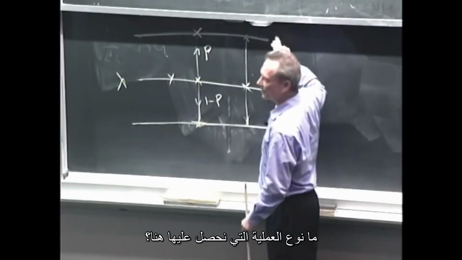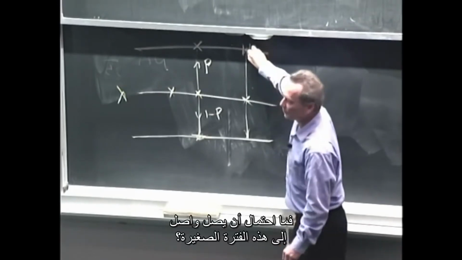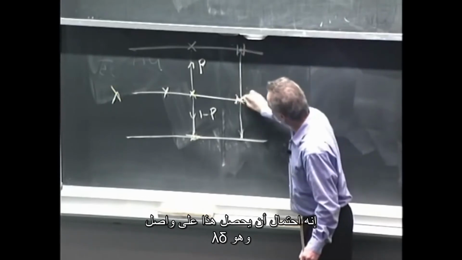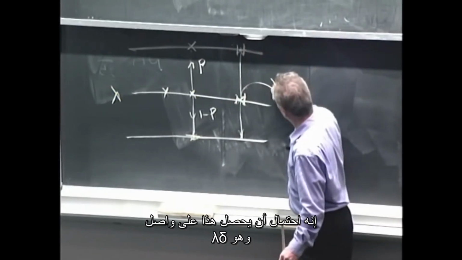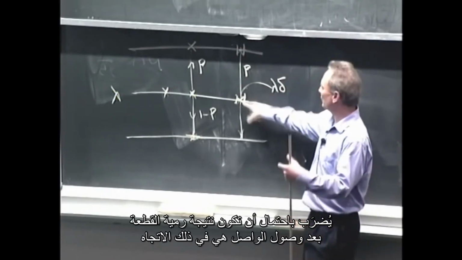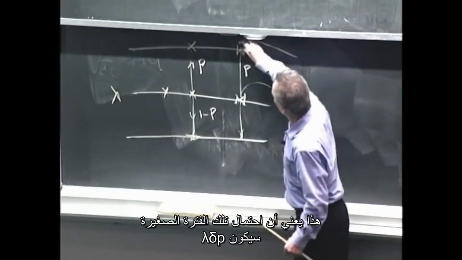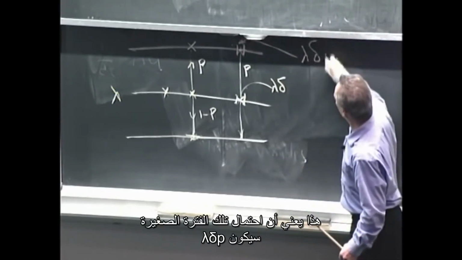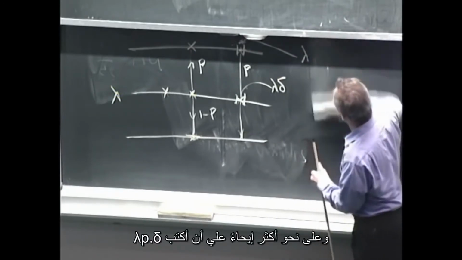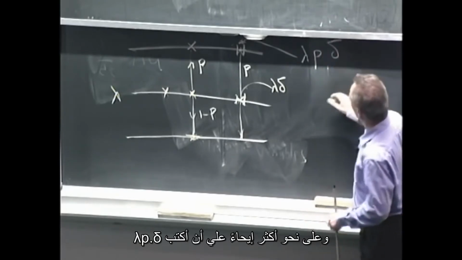What kind of process do we get here? If you look at a little interval of length delta, what's the probability that this little interval gets an arrival? It's the probability that this one gets an arrival, which is lambda delta, times the probability that after I get an arrival, my coin flip came out to be that way, so that it sends me there. So this means that this little interval is going to have probability lambda delta p, or maybe more suggestively, I should write it as lambda p times delta.